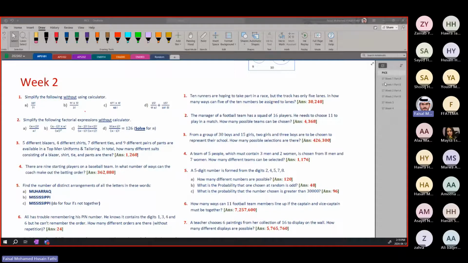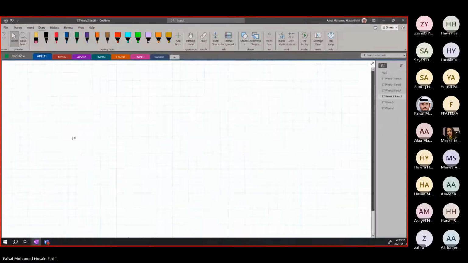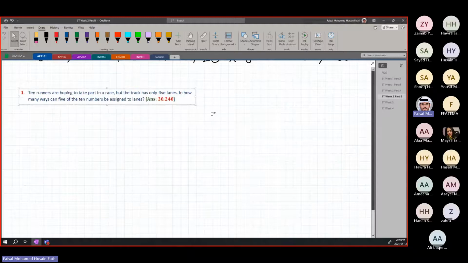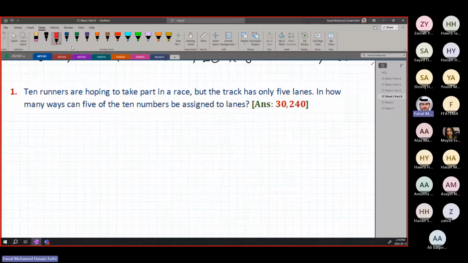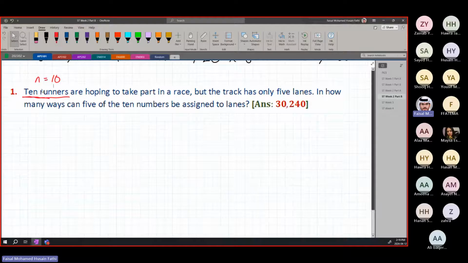So the question here says, we have 10 runners. So immediately I can say that we have 10 runners that are hoping to take part in a race. So we know that this 10 runners is our N, equal to 10. We have a total choice from 10 runners.